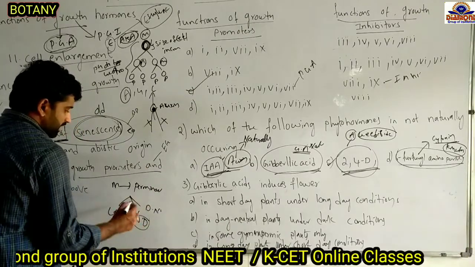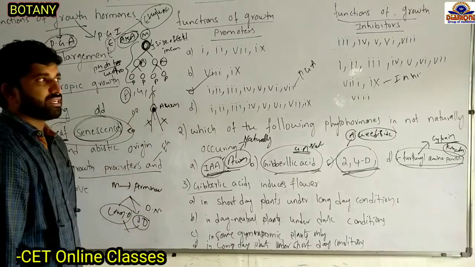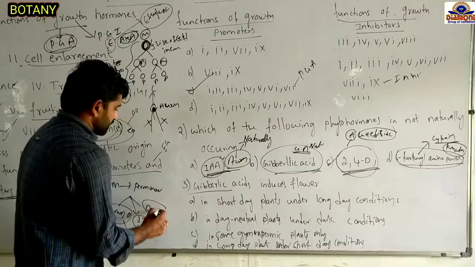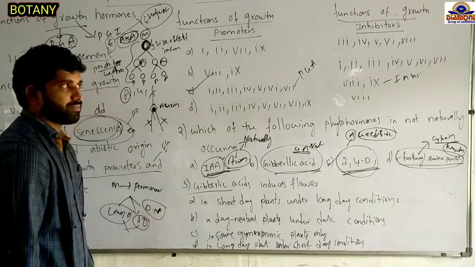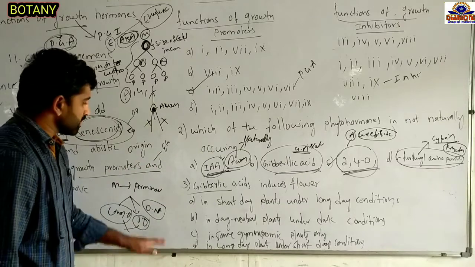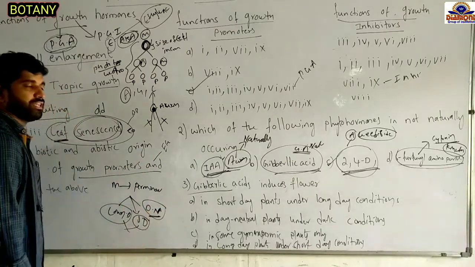Long day plants and short day plants depend upon the light and dark phases to produce flowers. Day neutral plants do not depend upon the light and dark phases; even with a change in the light and dark phases, they can produce flowers. That's why we call them day neutral plants.